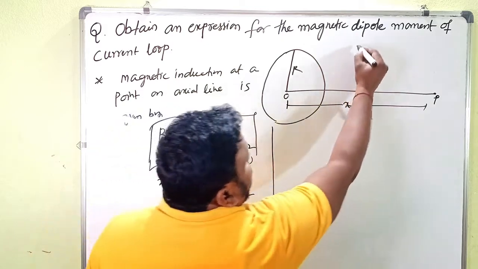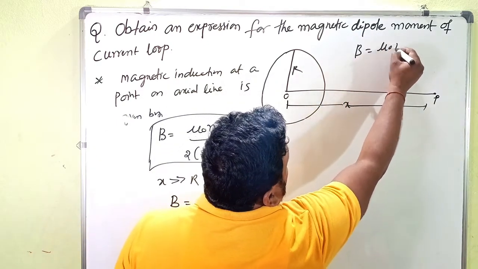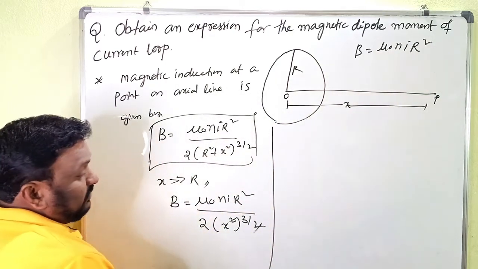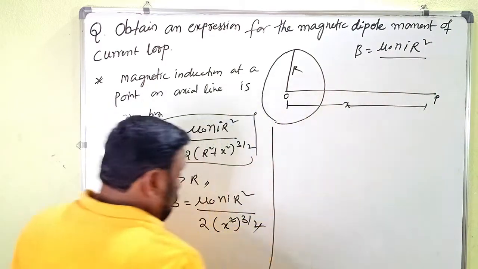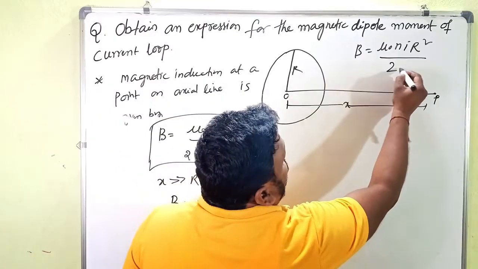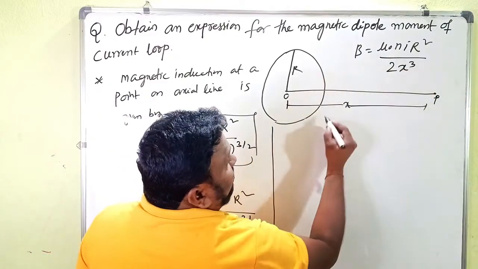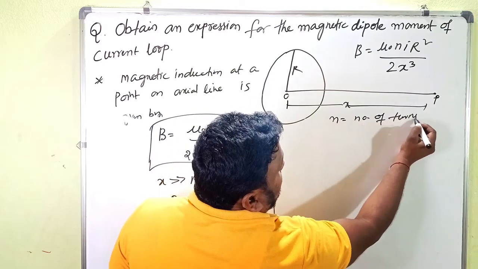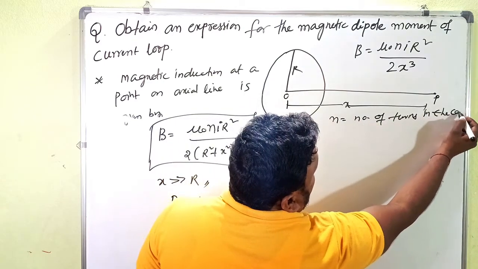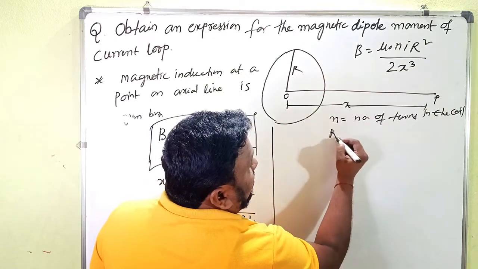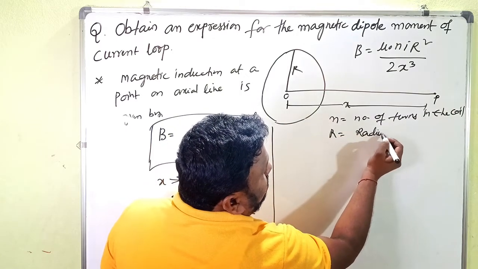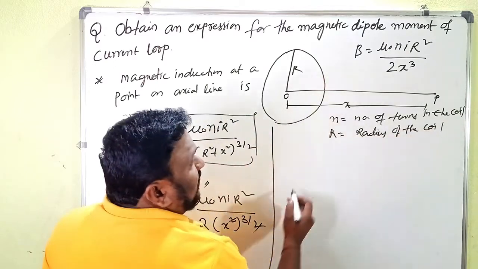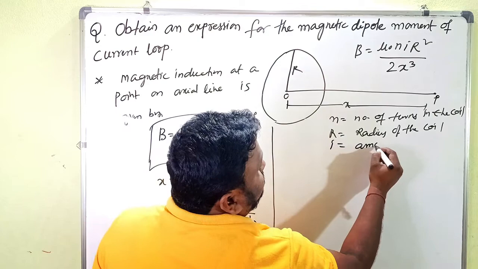B is equals to mu naught n I r square by 2x cube. Children, what is n? Number of turns in the coil. What is r? Radius of the coil. And I is the amount of current.